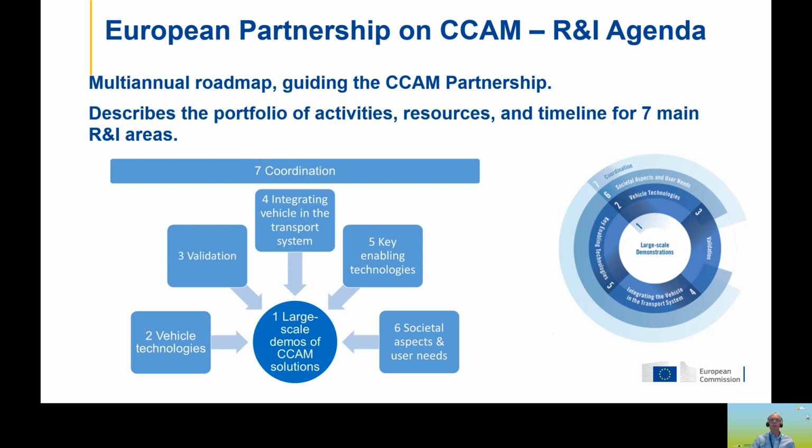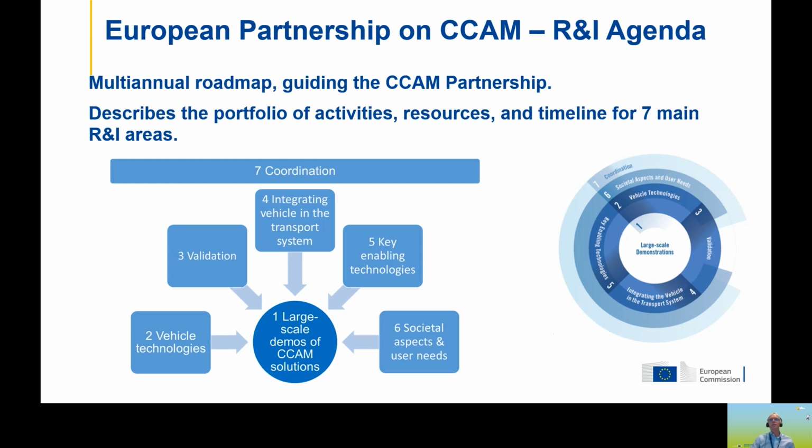Vehicle technologies, you can see here, but also key enabling technologies and validation are main research areas, as well as integrating the automated vehicle in the transport system, societal and user aspects, and large-scale demonstrations at the center. You see that here in the middle. So another important part of the research and innovation agenda deals with the activities to better coordinate between the projects and the large-scale demos and to exploit synergies between them.